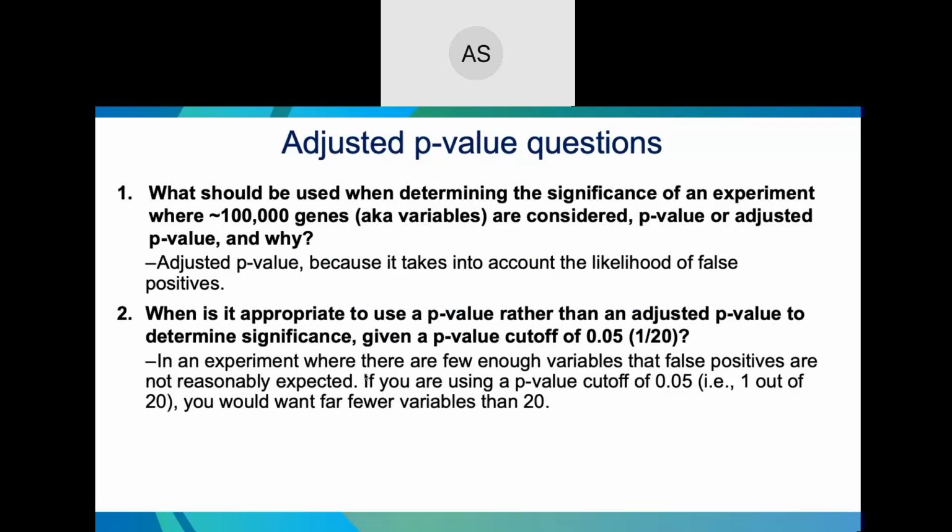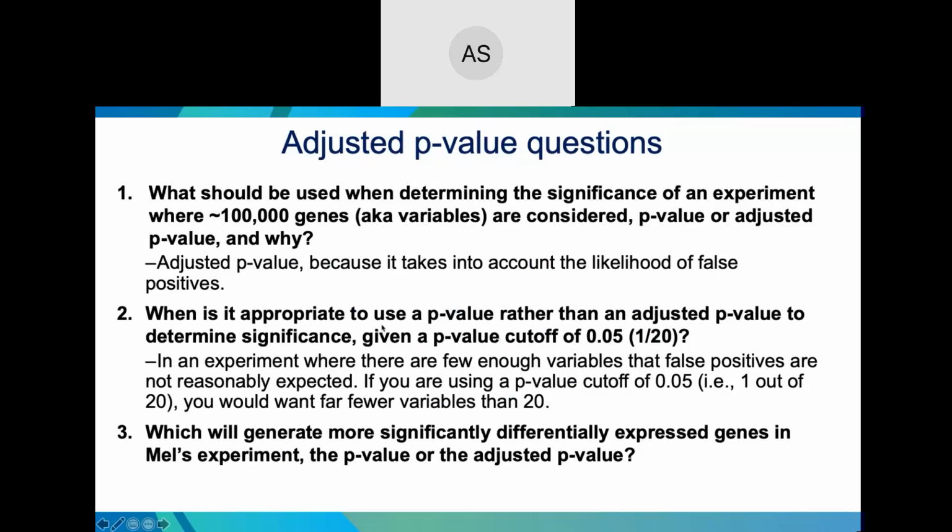Technically, you want fewer variables than 20, and generally speaking, it's what you all said. So you just want a smaller pool of variables. You have to think, well, there are few enough variables that false positives using a 1 out of 20 cutoff are not reasonably expected. So, yeah, good, well done.